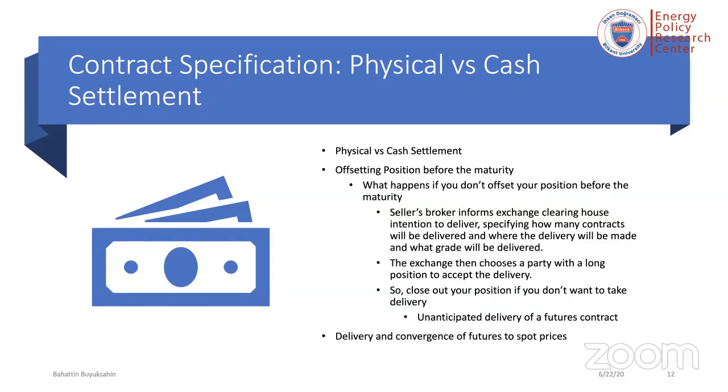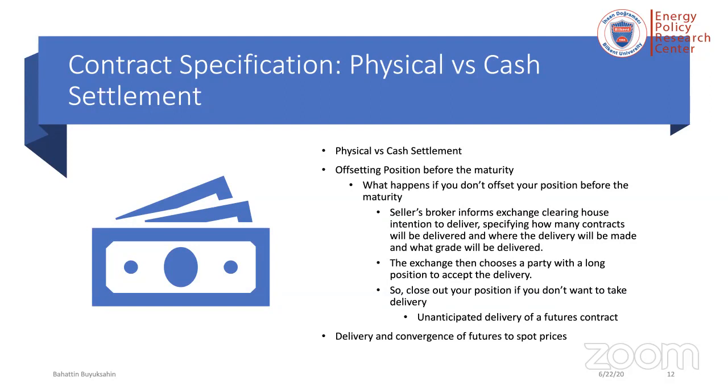Generally, market participants do not hold their futures contracts until the maturity date, but rather choose to close out their position prior to or on the last trading date for the contract. Closing out a position means entering into the opposite trade to the original one.